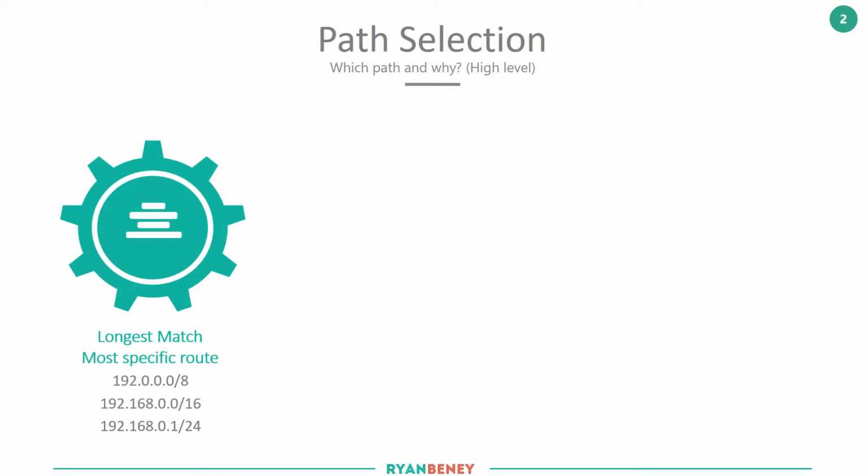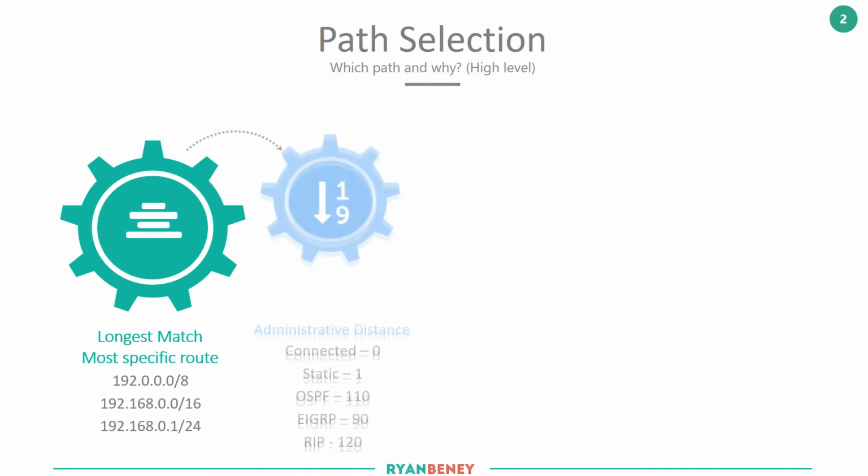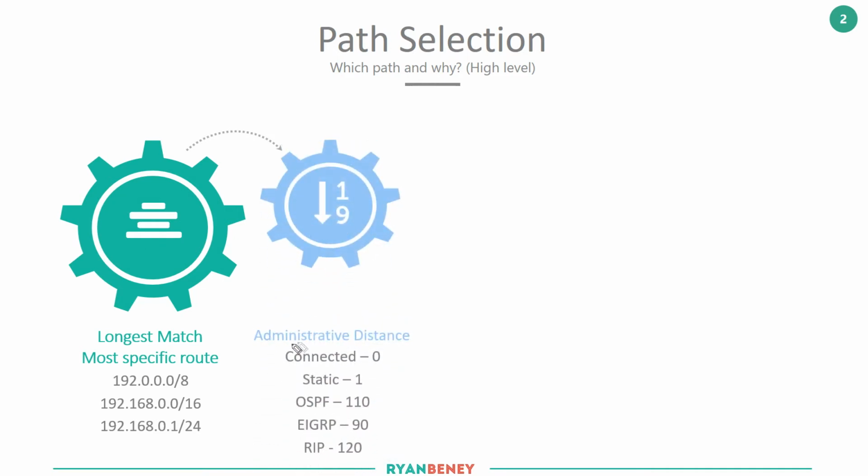So moving on in our path selection order, we've talked about the longest match. Up next, we have something called the administrative distance. The administrative distance, sometimes just referred to as the AD, represents a number of how preferred a particular protocol is, or sometimes how believable it will be.